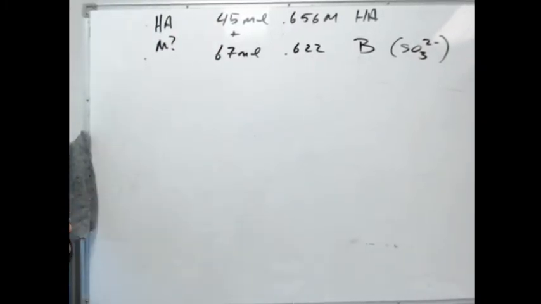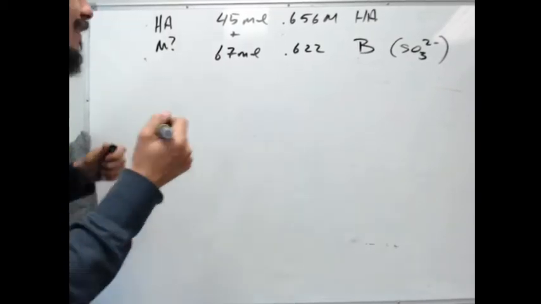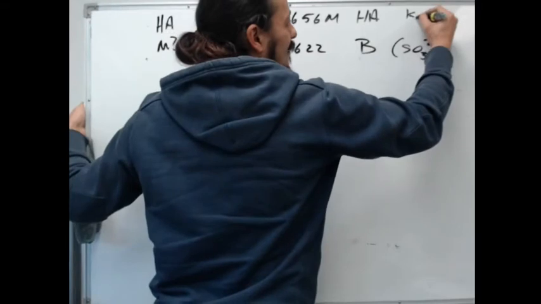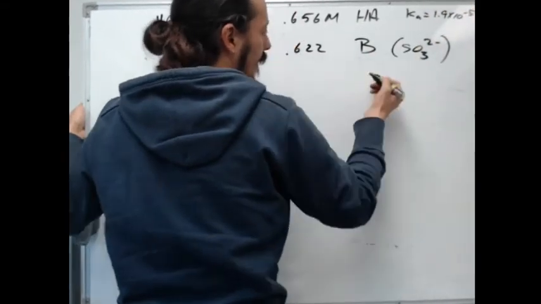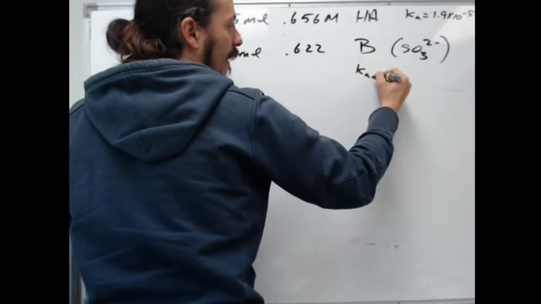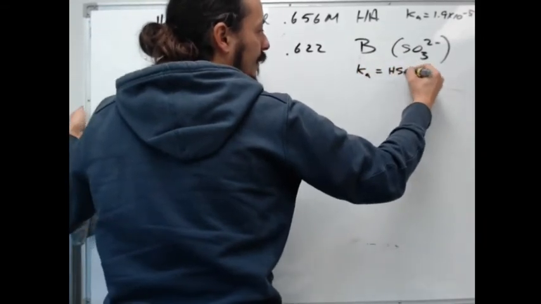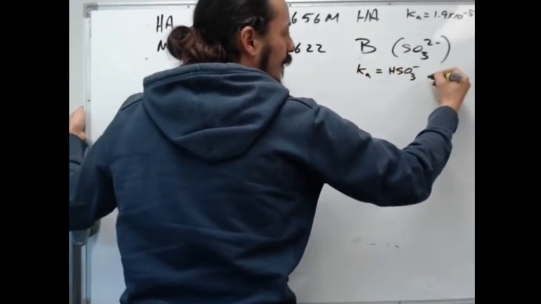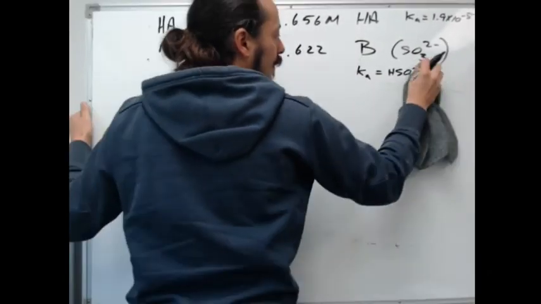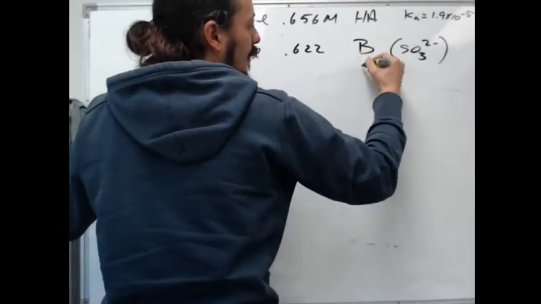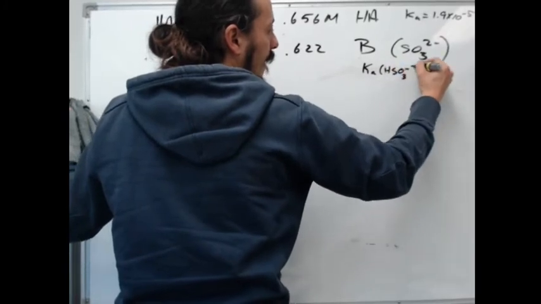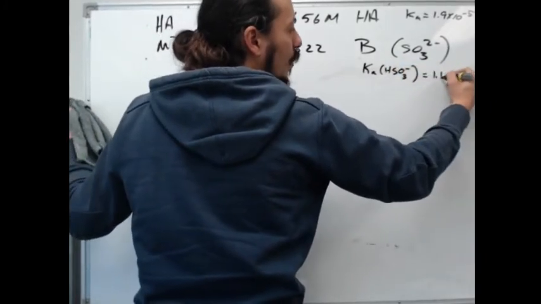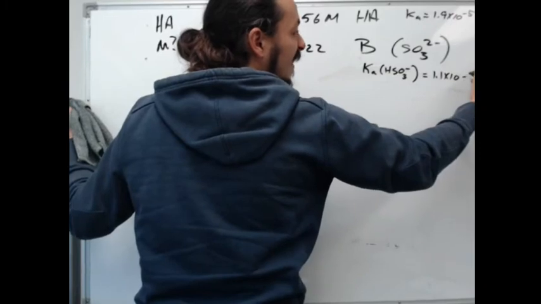No, there's two other important things there. Oh yeah, it gives you the Ka for hydrozoic acid is 1.9 times 10 to the minus 5, and then the Ka for HSO3 is 1.1 times 10 to the minus 7.